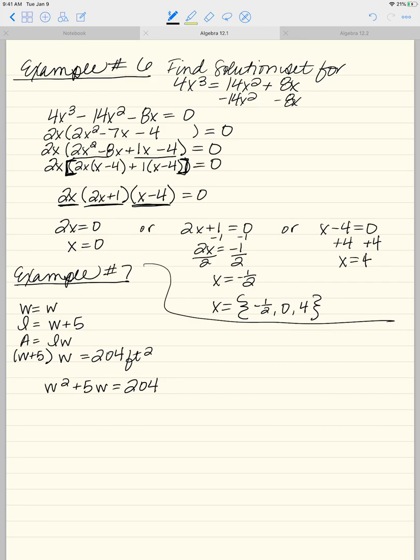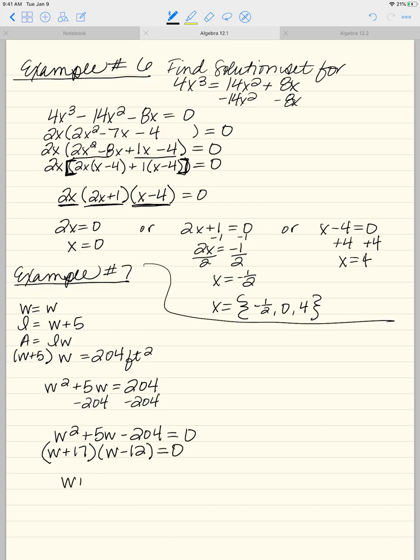Step number 1 is to put this into standard form of a quadratic equation by subtracting 204 from both sides. That gives us W squared plus 5W minus 204 is equal to 0. Factors of negative 204 that sum to 5 are 17 and negative 12. So (W plus 17) times (W minus 12) is equal to 0.